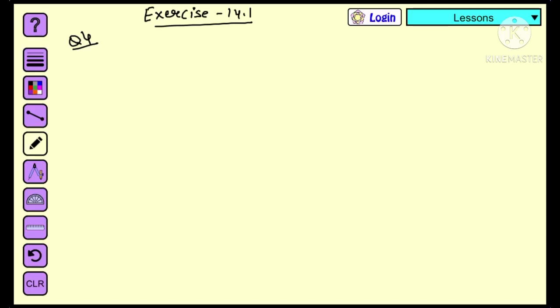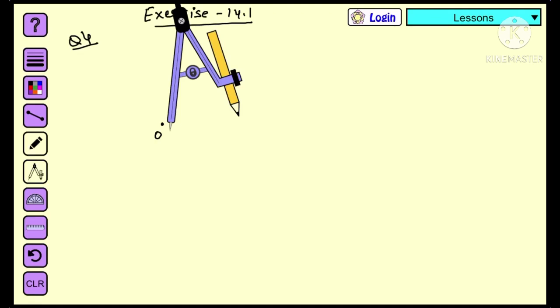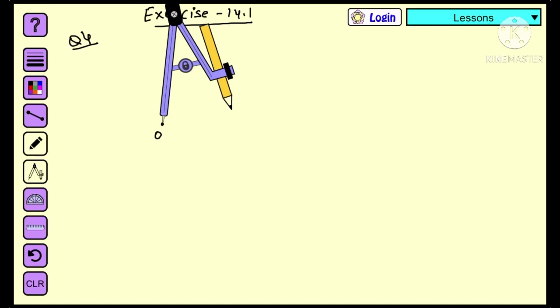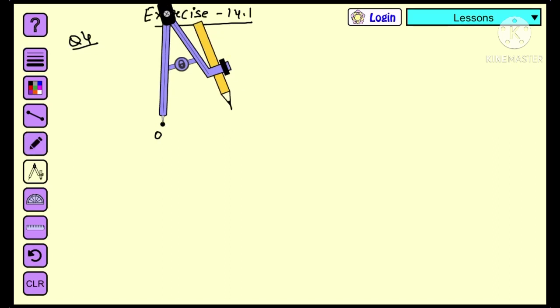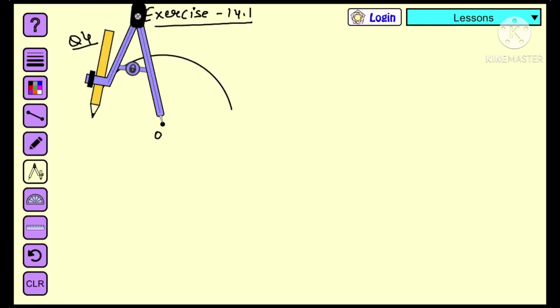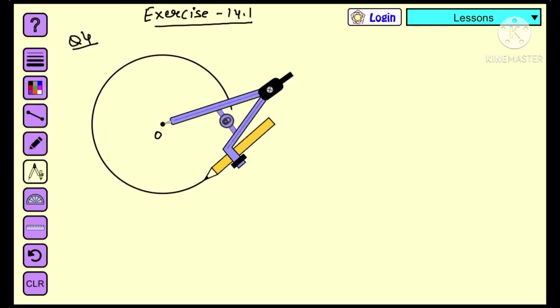So the first step is to mark a point O, then the second step is to place the pointer of the compass at O. You can take any radius and draw the circle.